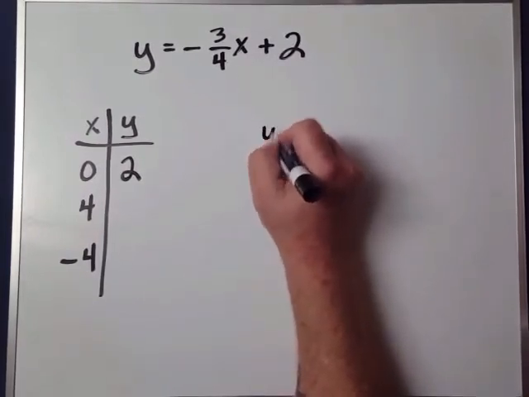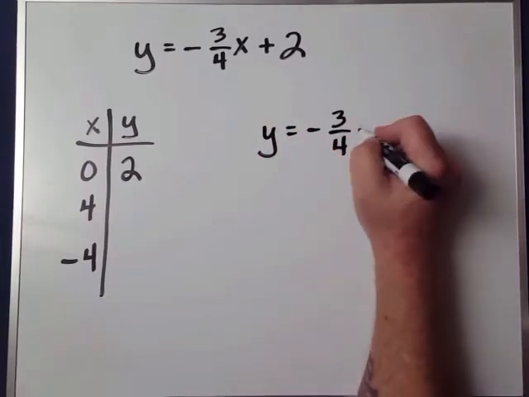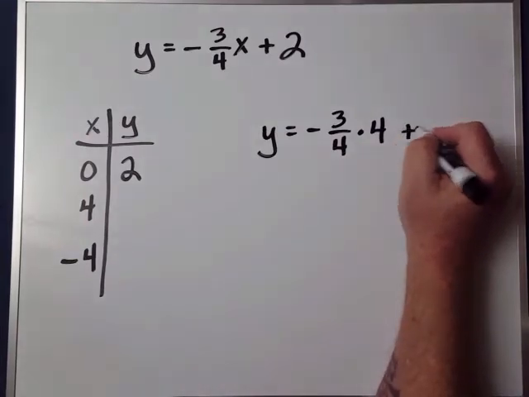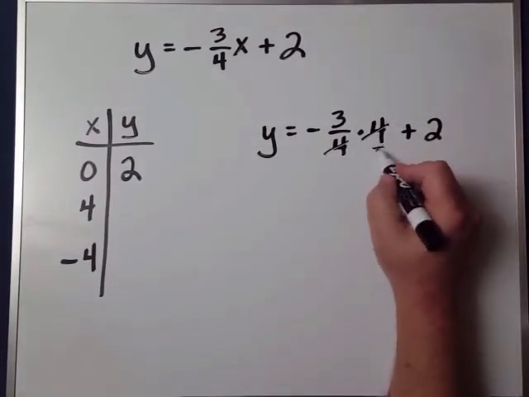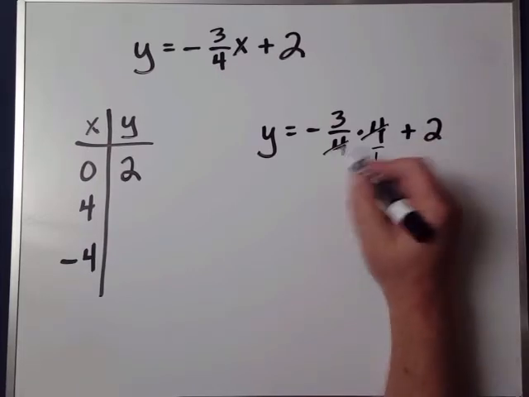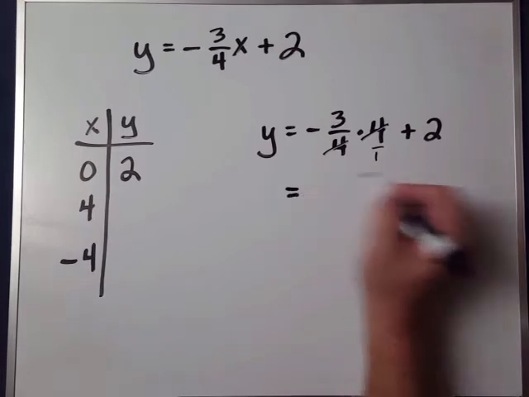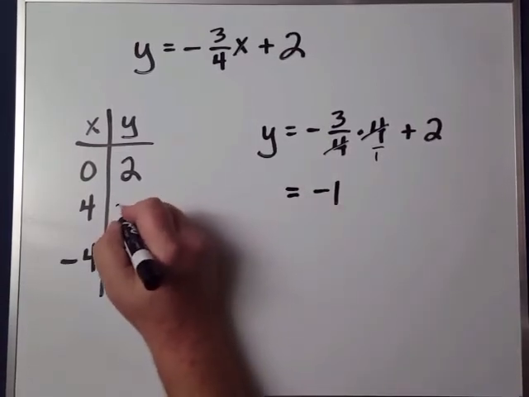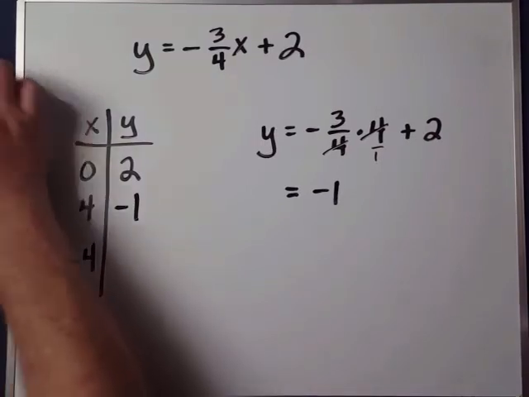If we're a little uncertain, it's always better to write it out. But when x is 4, we've got nice cross-canceling going. What happens? This 4 that we plugged in is over 1, so those 4's cross-cancel, to leave me negative 3 plus 2 is negative 1. So when x is positive 4, y is negative 1.